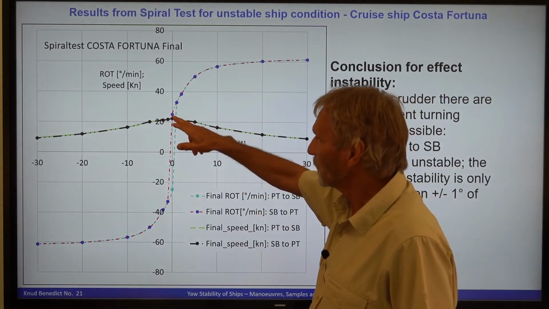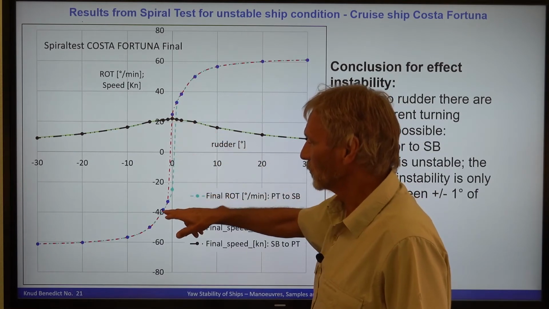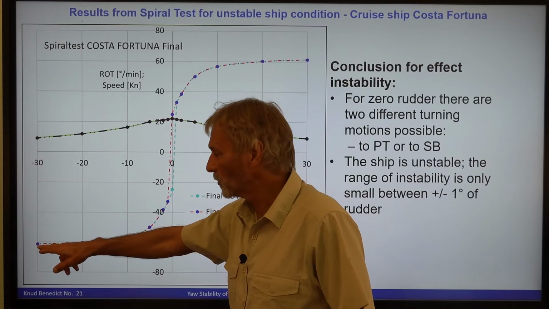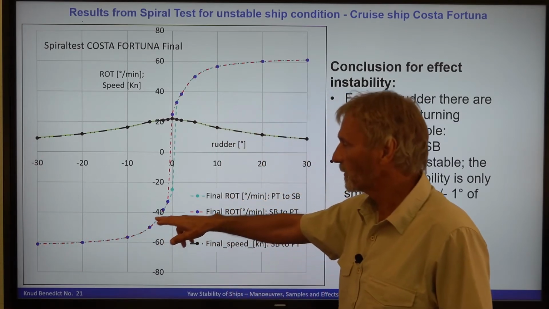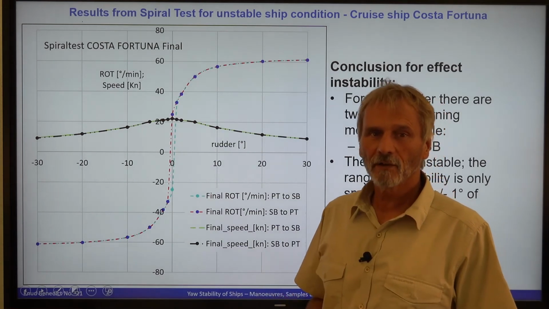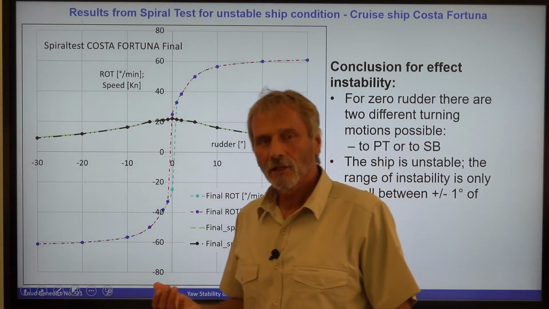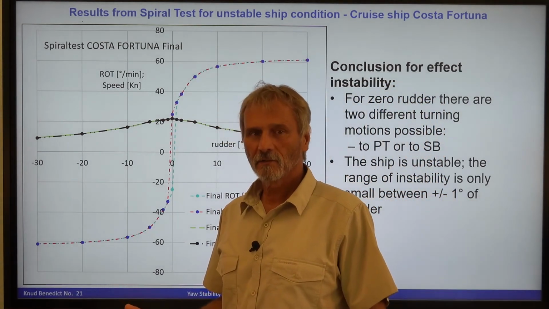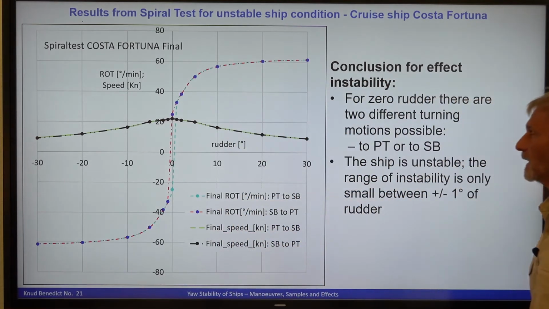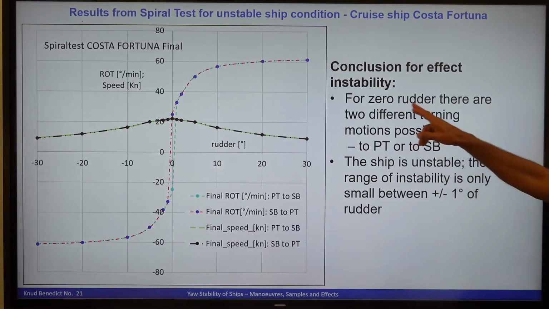And then with the next, it jumps to port turning and so forth. But if you repeat the maneuver from port side, then you will get for midships rudder a turning to port side remaining. So this is the typical behavior for zero rudder.